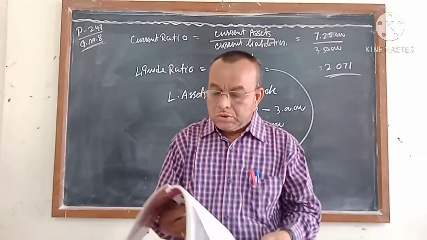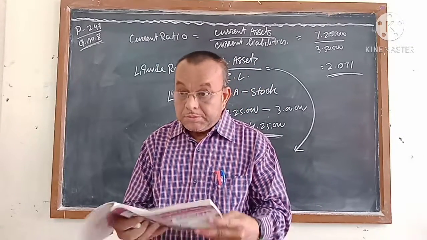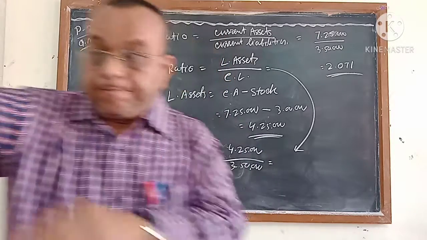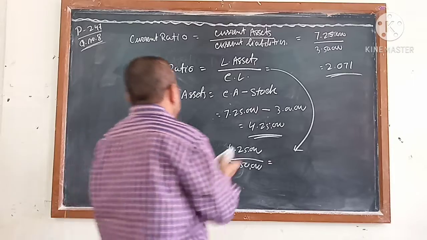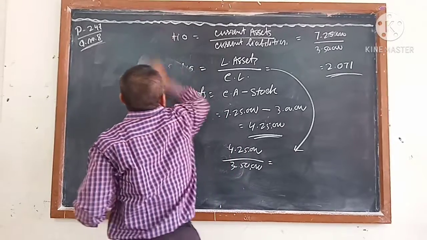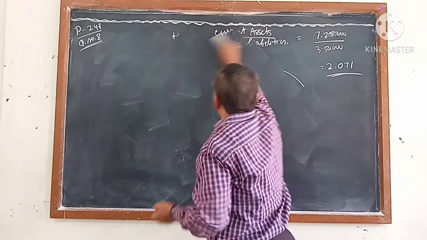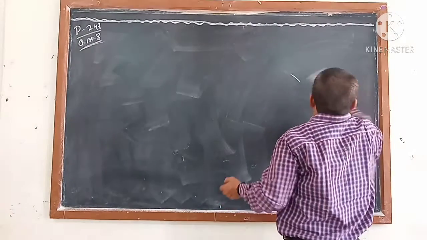Next, we want to come back for the next question, which is question number 15. Question number 15 is another ratio. Let us start it. Page number 248, question number 15.